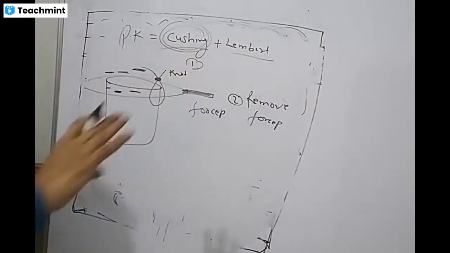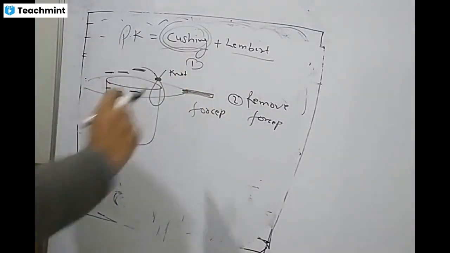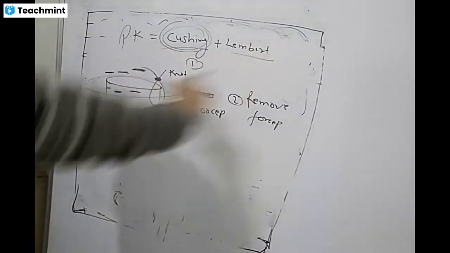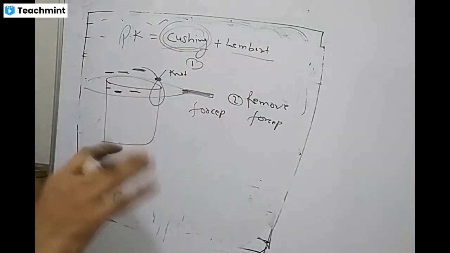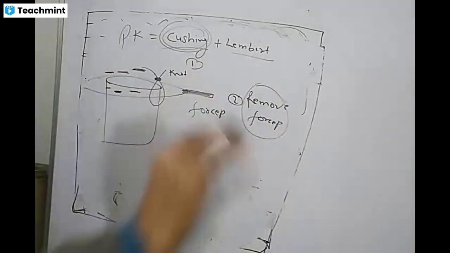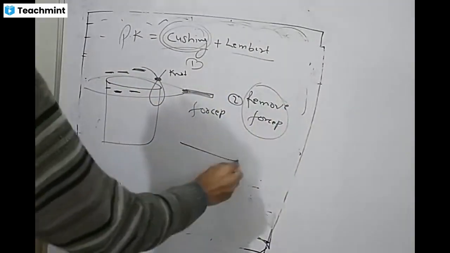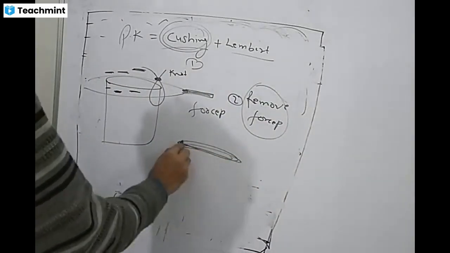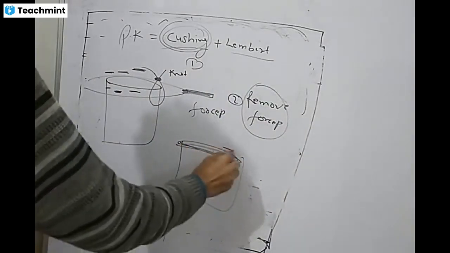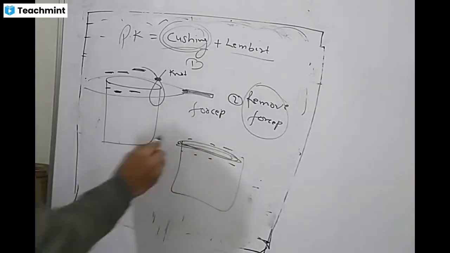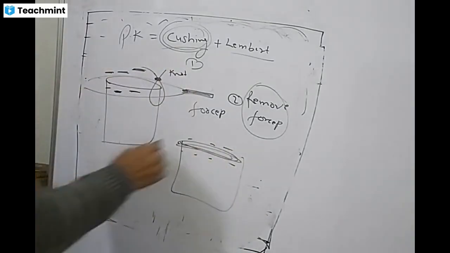Cushing is over. After removing the forceps, pull the suture material. It may invert the edges. This is the stump which is closed because of this horizontal Cushing layer.